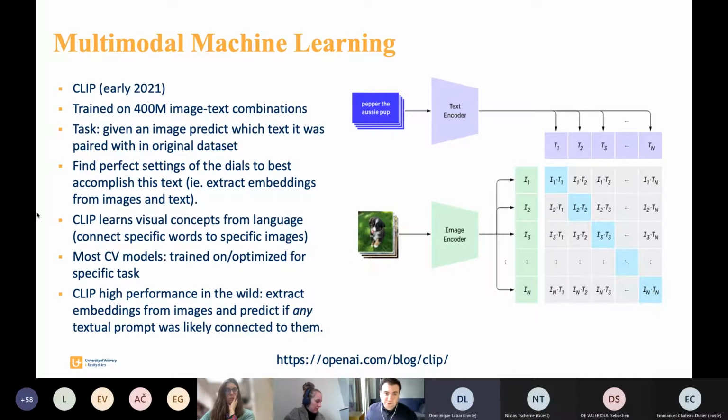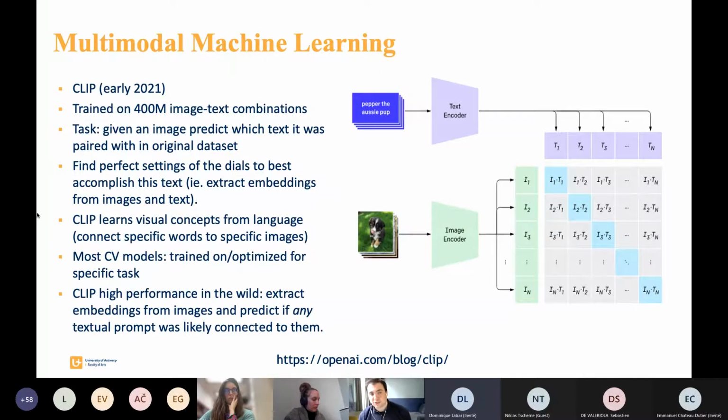So just as the convolutions are settings of a dial, CLIP tries to find the perfect settings of the dial to best accomplish this. Should not be text, sorry, but task here on the slide. So it tries to extract embeddings from both the images and text to then best be able to predict which text was originally paired with which image in the dataset.